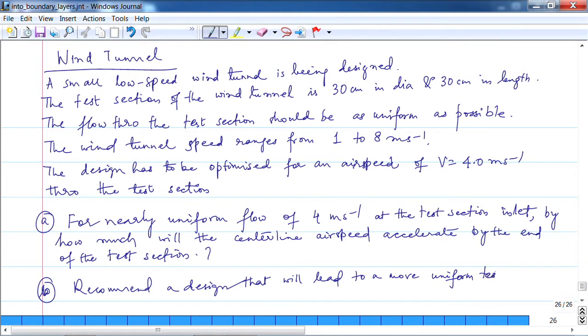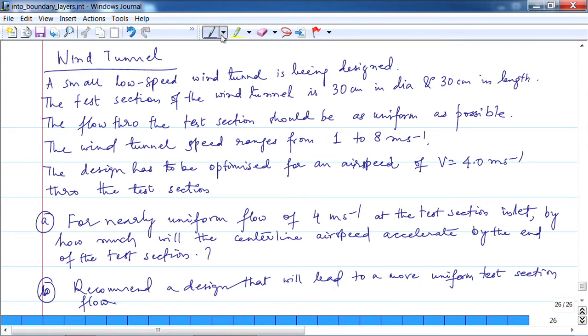So, we can see that it's a slightly elongated question. Now, what do we understand?